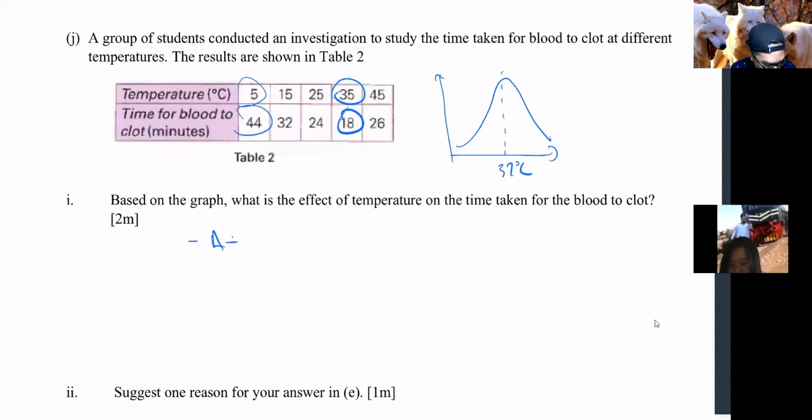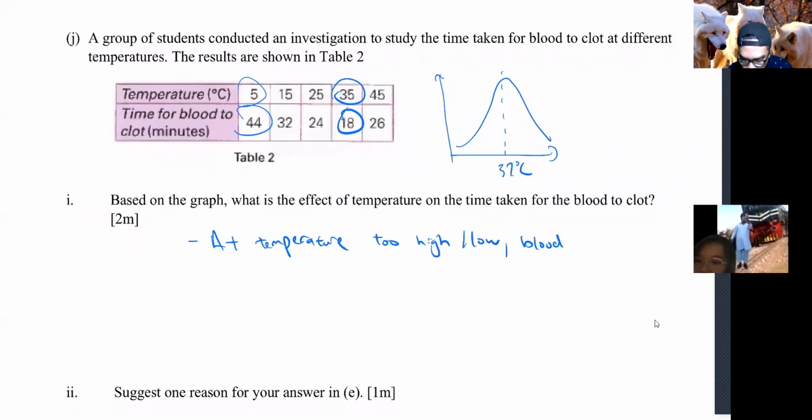So what is the effect of temperature? You can see that at temperatures too high or too low, blood clotting is slow.